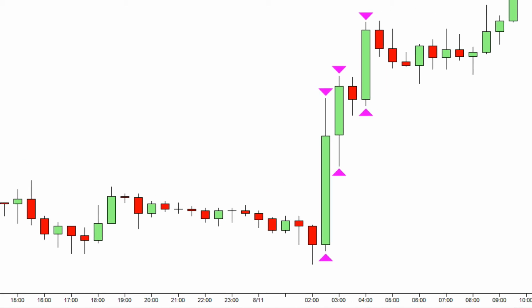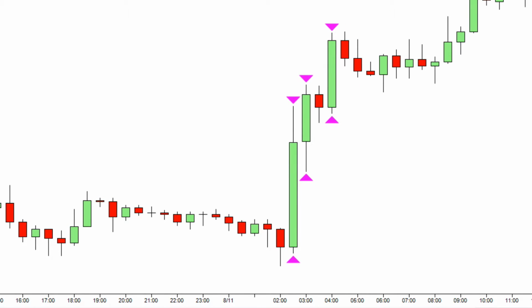Later in the session, we then had a volatility candle, a very widespread volatility candle, the market surging higher. And on this occasion, it was duly confirmed with a further candle, in fact, a further volatility candle to the upside. So really, if you like, on this occasion, volatility confirming volatility.